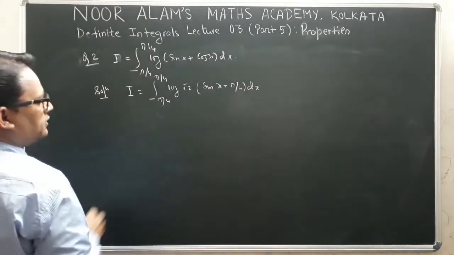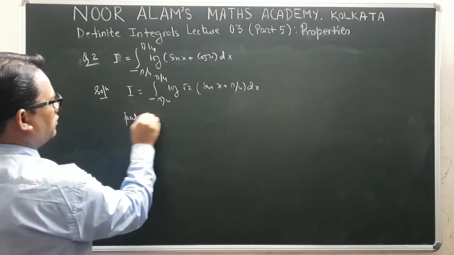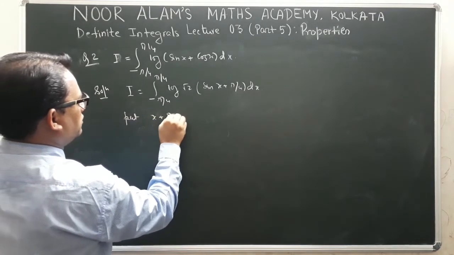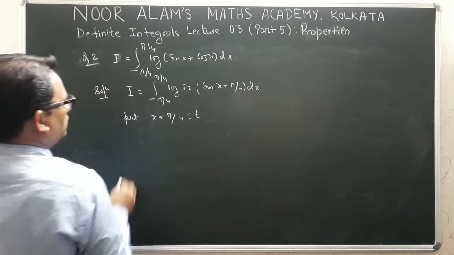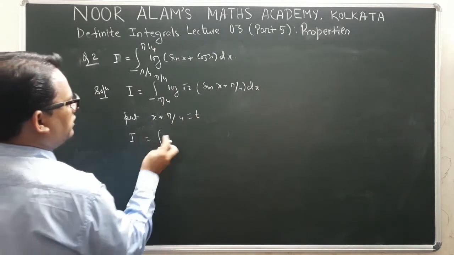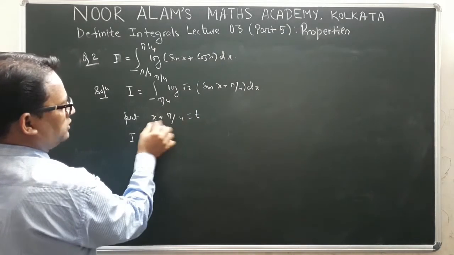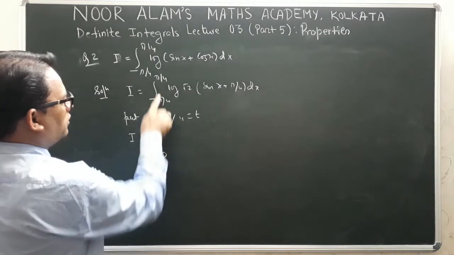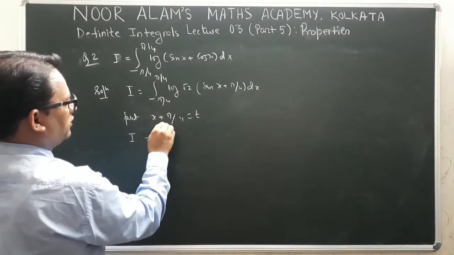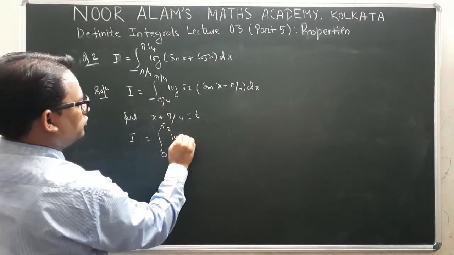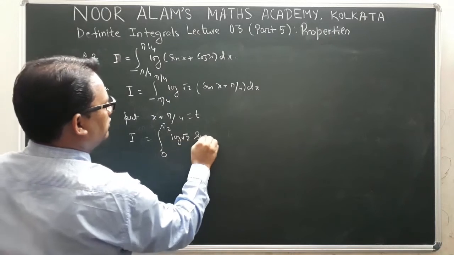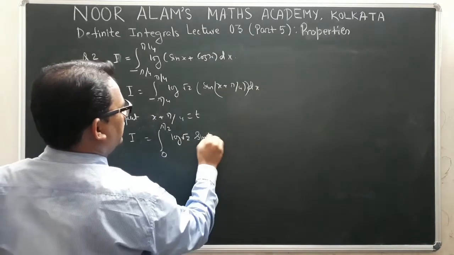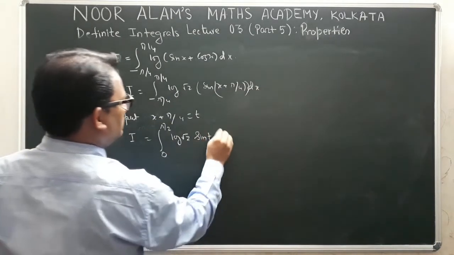Now we are going for the substitution. Put x plus pi by 4 is equal to t. So now, when x is minus pi by 4, this will cancel out, t is 0. When x is equal to pi by 4, then t is pi by 2. We get log of root 2 sine of t, and dx is dt.